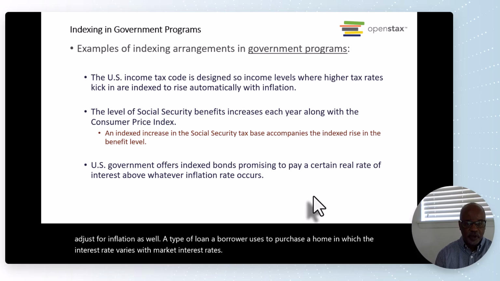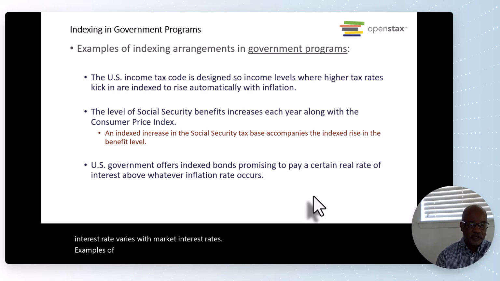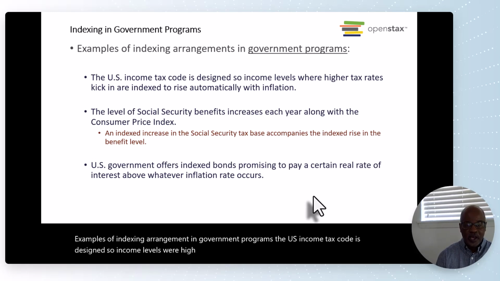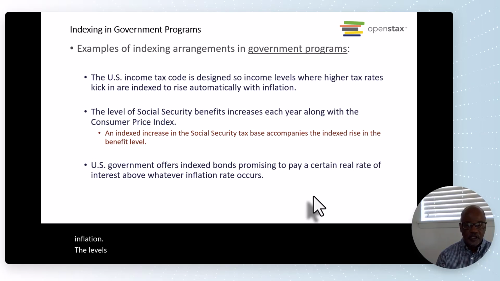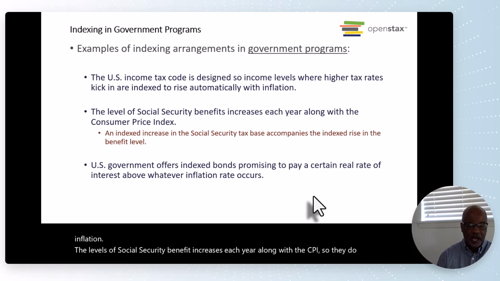Examples of indexing arrangements in government programs. The U.S. income tax code is designed so income levels where high tax rates kick in are indexed to rise automatically with inflation. The levels of Social Security benefit increases each year along with the CPI. So they do index Social Security with CPI.